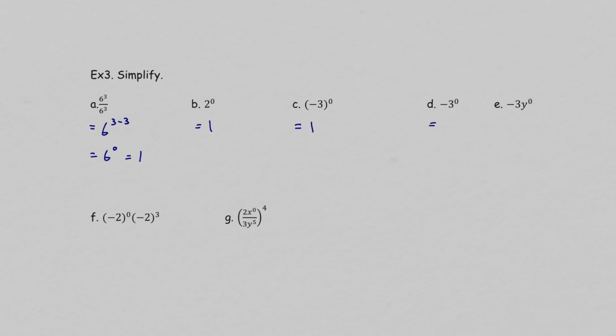But the next one is not going to be, right? Because without the parenthesis, the 0 exponent only applies to the number, not the sign. So then the sign will stay the same. 3 to the 0 is equal to 1. This one is going to be negative 3 times y to the 0 exponent, which is 1, which gives you negative 3.